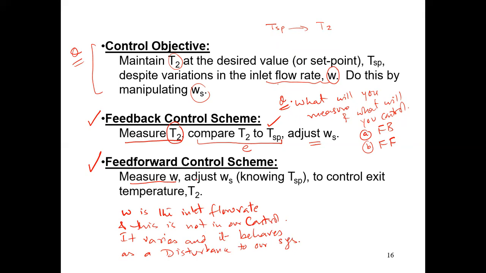Okay, so that's why in feed forward we measure DV, disturbance variables, which is W here, or of course we will adjust WS. For sure we need the set point and in turn we are actually controlling again the y.